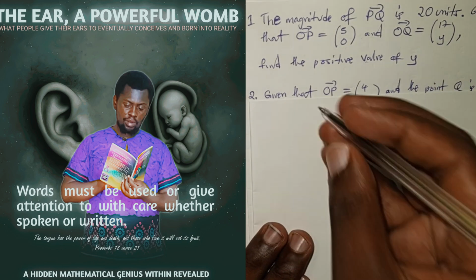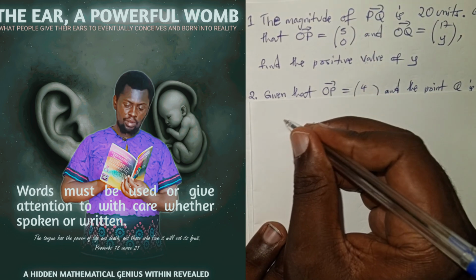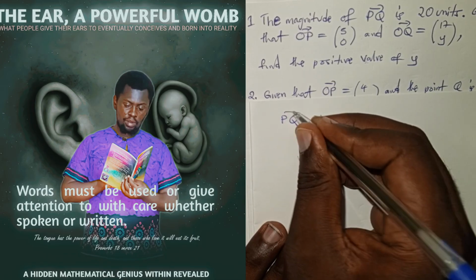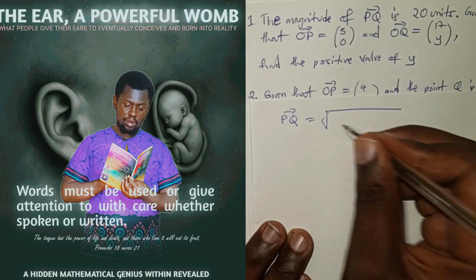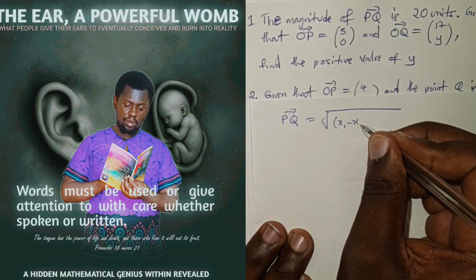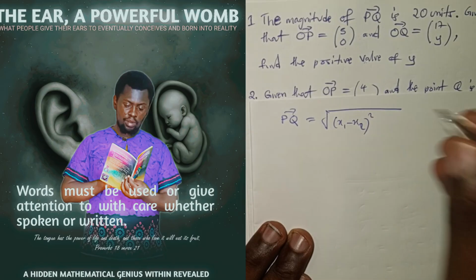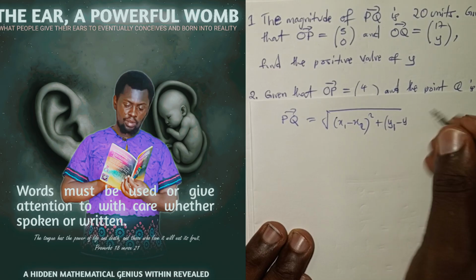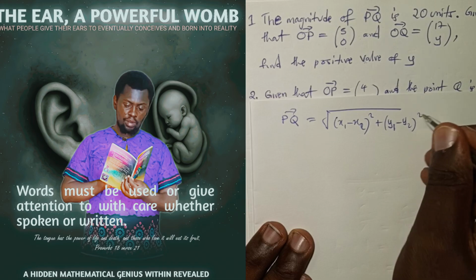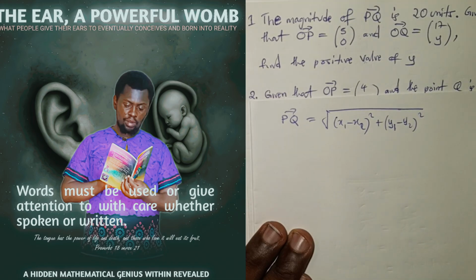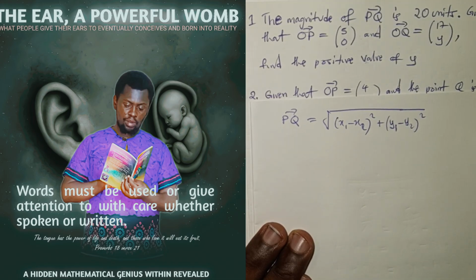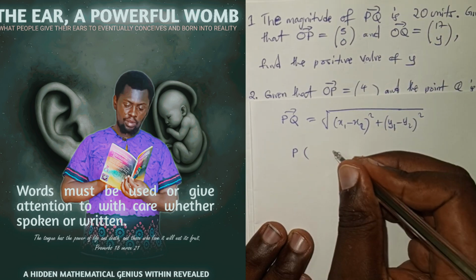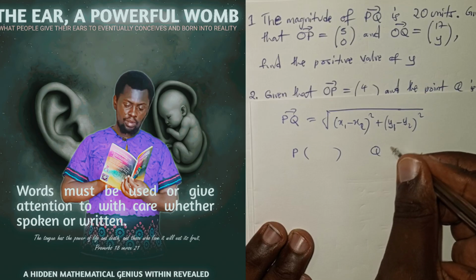We know that magnitude of PQ is equal to the square root of x1 minus x2 squared plus y1 minus y2 squared. Okay, so we need to have 2 points. Since we have PQ, we're supposed to have the point P and the point Q.